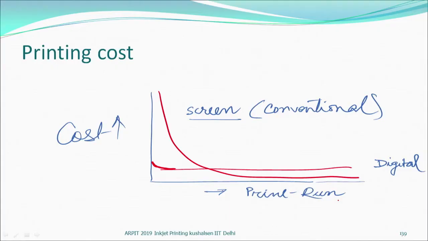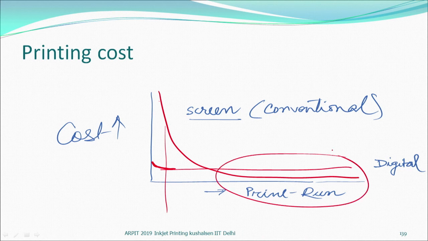If one looks at the screen printing cost, if you have very short runs, it is higher than digital or inkjet printing. It becomes lower when the runs are higher. So, if you have to make a 5 meter or 10 meter print, then inkjet will be cheaper.